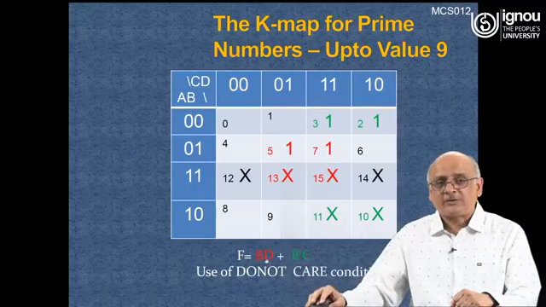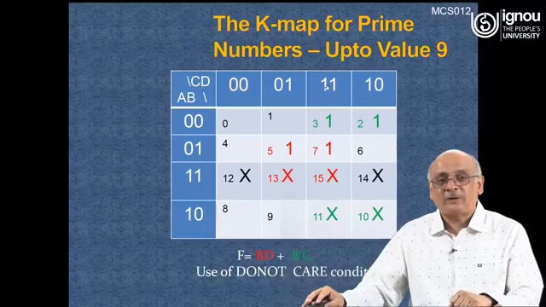Okay, and finally over here also we have done 1, 1 and XX, and these two X are not covered, we are not bothered about those, right? But all ones are covered, that is what our objective was. So once again, for these two ones and these two X's, what we get? B dash C in this particular case. You can see that what has not changed is C, and here and here it is B dash.